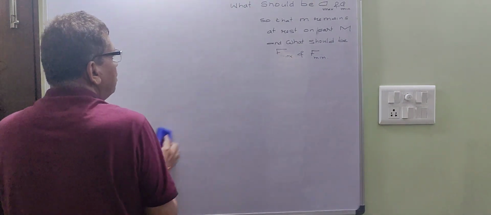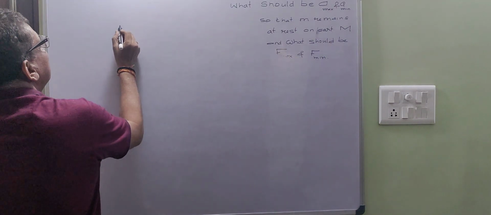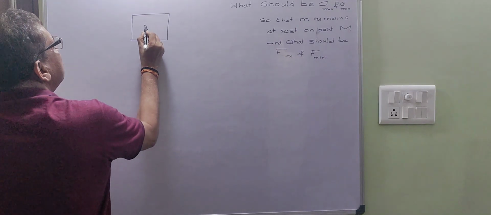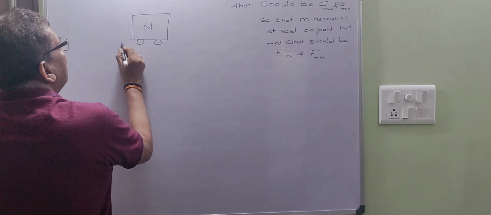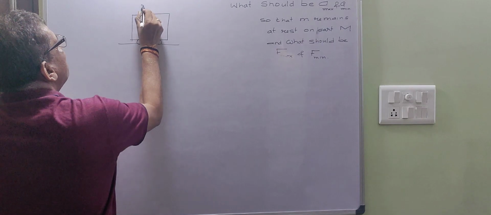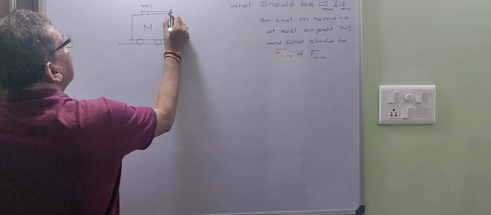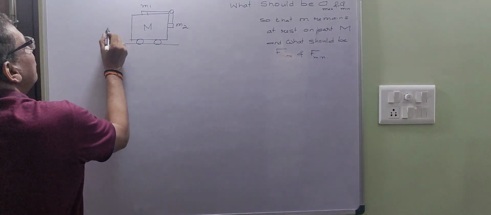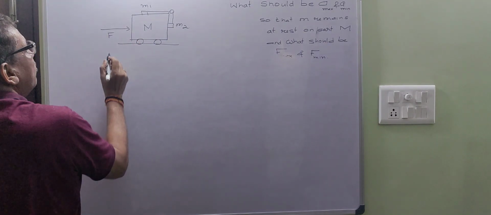Now when we change this value, let us see one more example. Let us take one more data here. Suppose I change the masses. This is m, then this is m1, and this is m2. Force F is applied. Then what will happen?